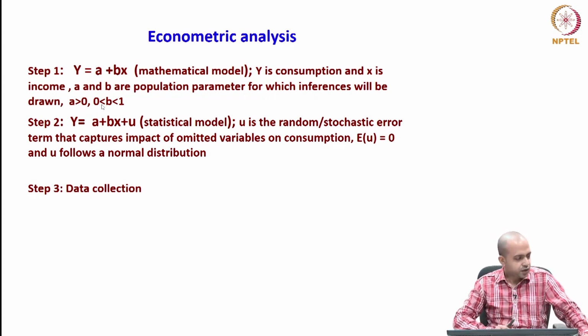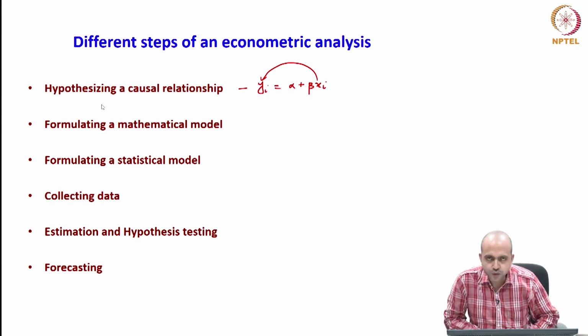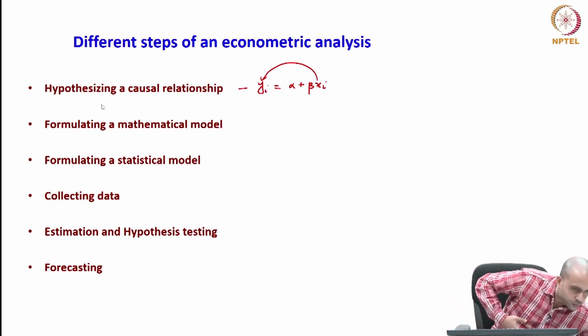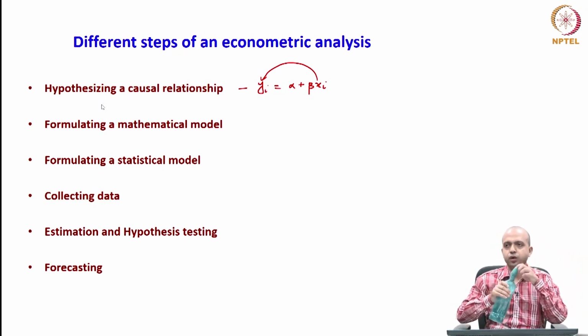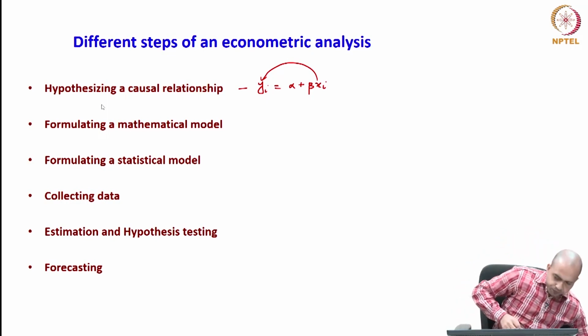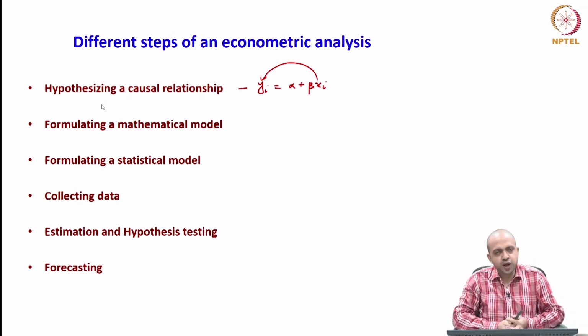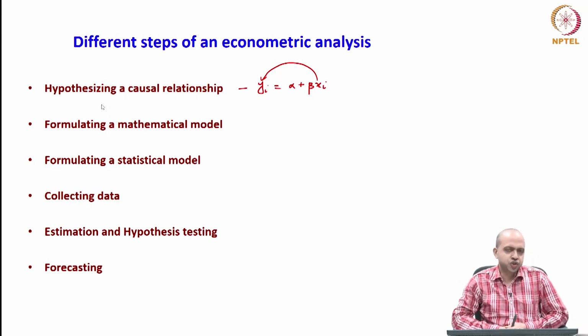Then what is the next step? Next step, after formulating the mathematical model, we need to convert that mathematical model into a statistical one. Okay? Why is this so? Because the mathematical model, this y_i equals alpha plus beta x_i, is an exact relationship between income and consumption.